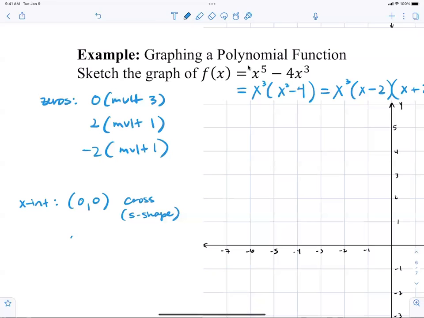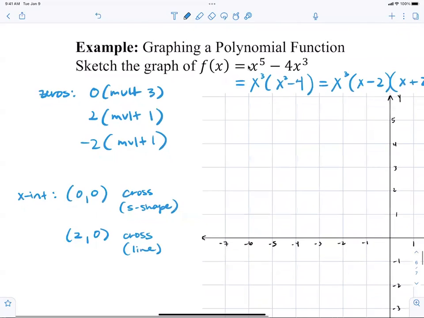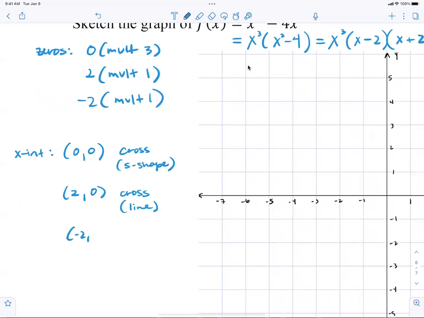Do we have to write the S shape? No, you don't. So 2, 0, touch or cross? Cross, like a line. And then -2, 0 will also cross like a line.